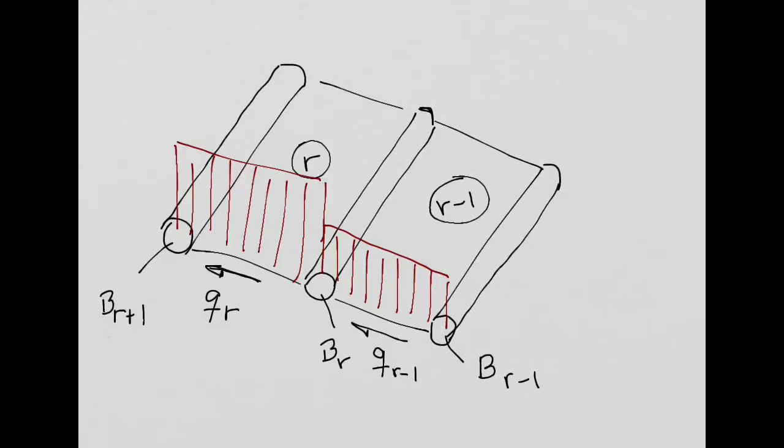But then, in the following skin, the shear flow remains constant, right? So basically what I'm saying is QR minus 1 is constant in skin R minus 1. QR is constant in skin R, but QR is different from QR minus 1, right? Because I cross the boom.